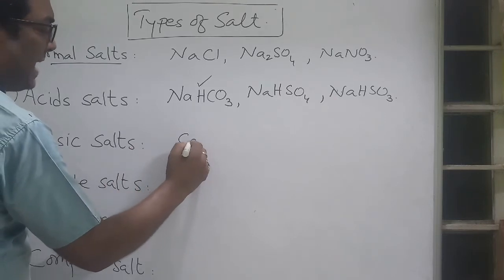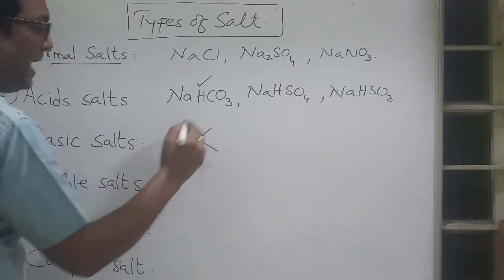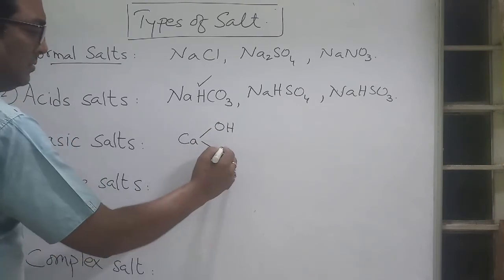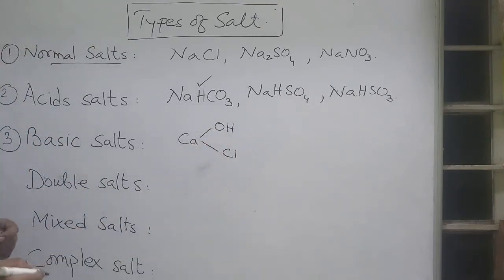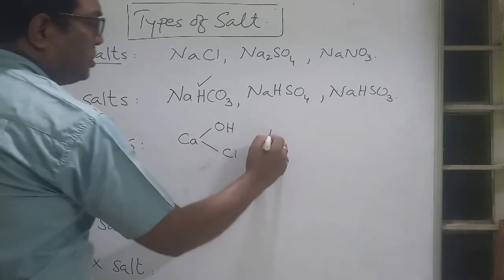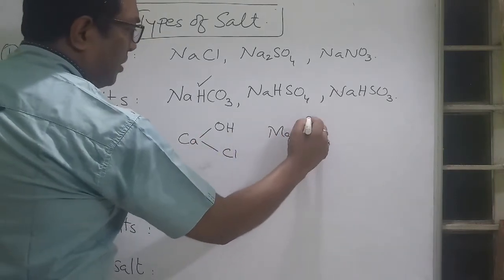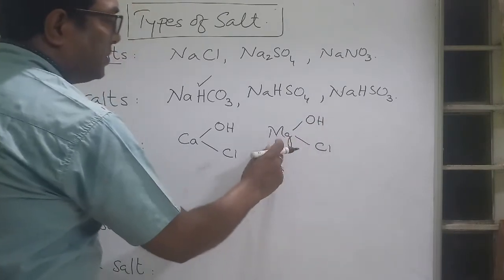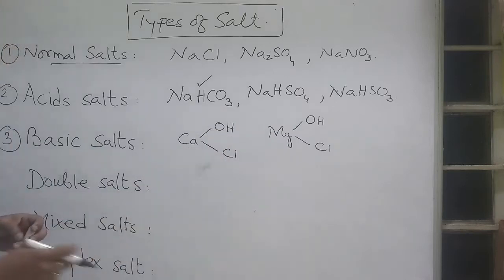Like if I take calcium, calcium has got 2 hands. Here one hand has the OH, the other hand the Cl. If I take magnesium, in one hand it has an OH, the other hand it has a Cl. So this is basic magnesium chloride.